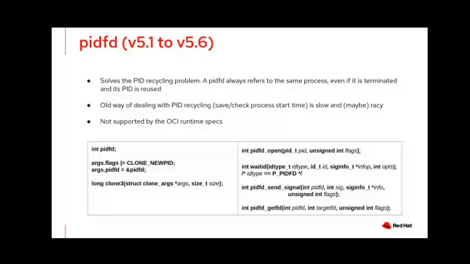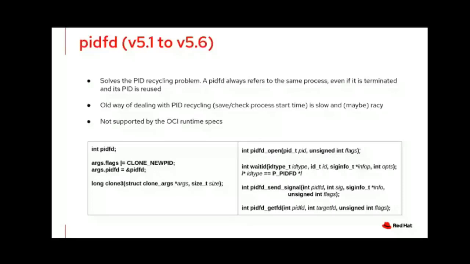If you don't have pidfd and you want to check that this is the process I was referring to, you need to read its start time, for example, and then compare it, and then reread the start time again, and then compare it. But this is complex and racy, and many people just don't do it.